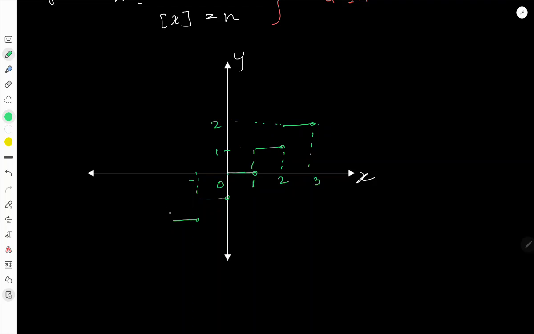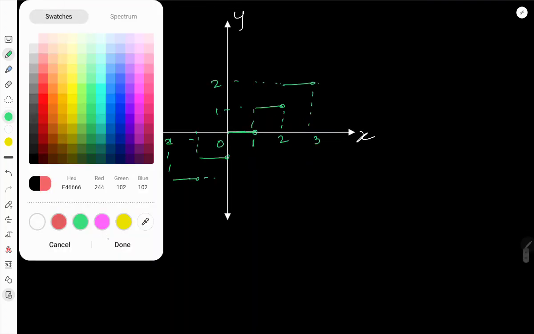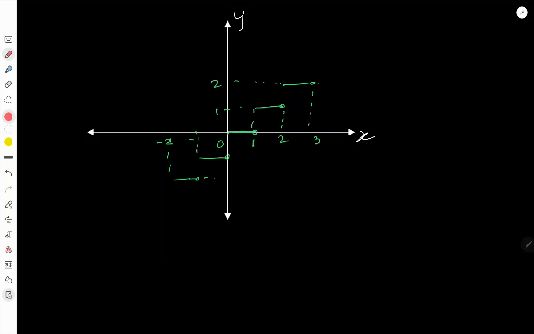And now the function jumps back down, and now it is -2. So we can see it is a stepwise increasing function. So it is called a step function, another name for the greatest integer function.